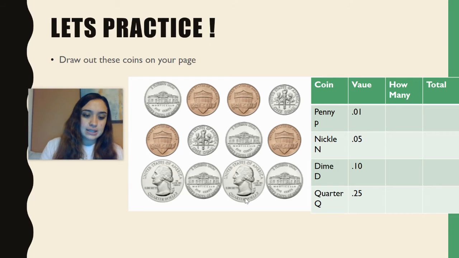So I'm gonna put practice, and then I'm gonna draw out my coins. So I have 1, 2, 3, 4 across, and then I have 3 rows of 4. So I'm gonna draw them about the size that they are on the page. Okay, and I'm gonna show you my picture so you can kind of see what you should be drawing in your journal as well, okay?